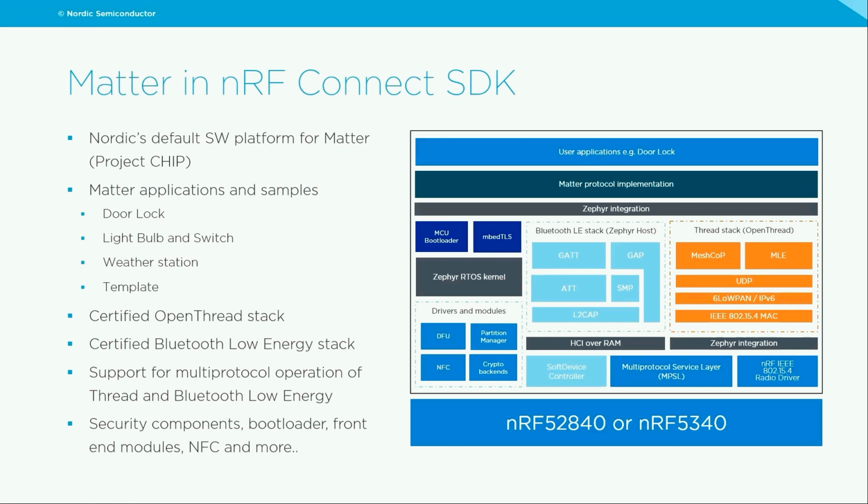Nordic devices for Matter, such as nRF52840 or nRF5340, come with inbuilt support for NFC, which can tremendously simplify the device onboarding process by replacing QR codes with what is called Touch 2 experience, which we will show later on.